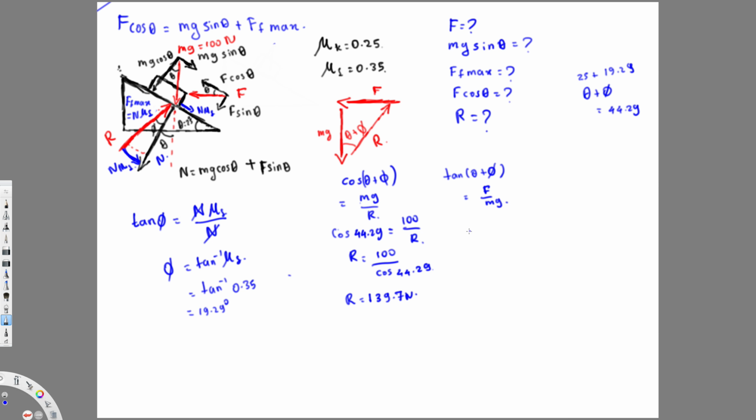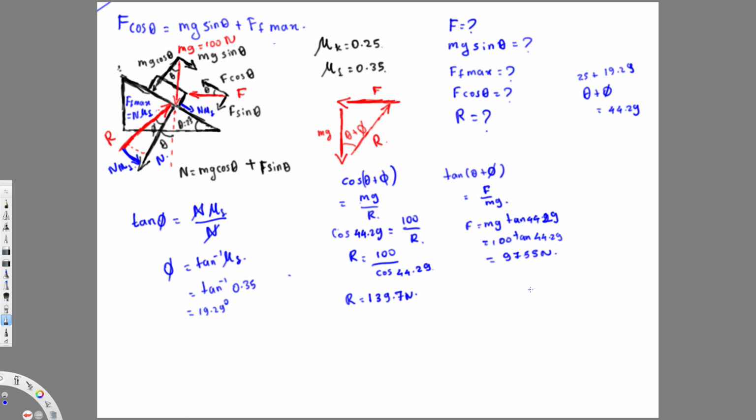From this I can calculate F. So F is going to be mg times tan of theta plus phi, which is 44.29. We know mg is 100, so 100 tan 44.29, and if you calculate you will get 97.55 Newton.